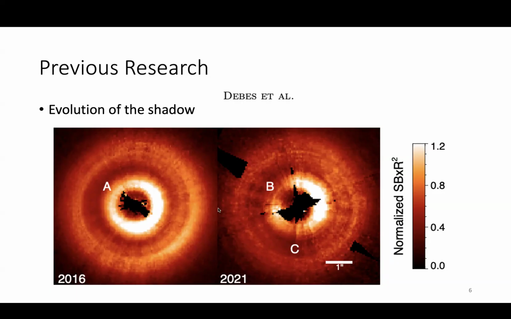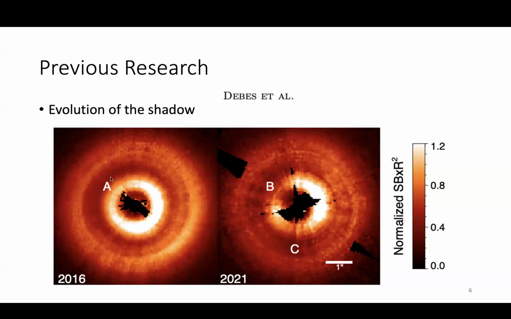Here let's discuss the previous research. This image is taken by the Hubble Space Telescope, and they published this paper in 2023. They found there's a moving shadow here, although it breaks down into 2 pieces.